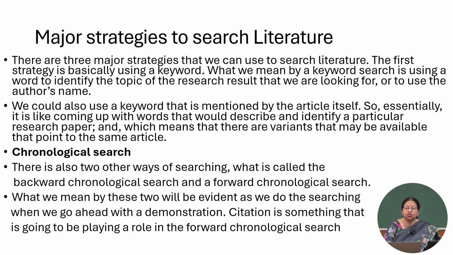We could also use a keyword that is mentioned by the article itself. Essentially, it is like coming up with words that would describe and identify a particular research paper, which means that there are variants that may be available that point to the same article.